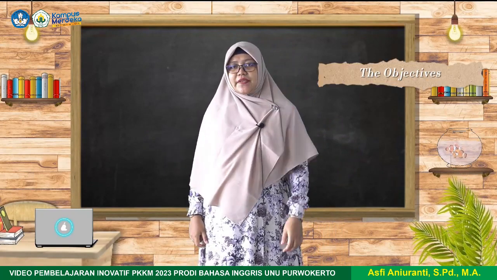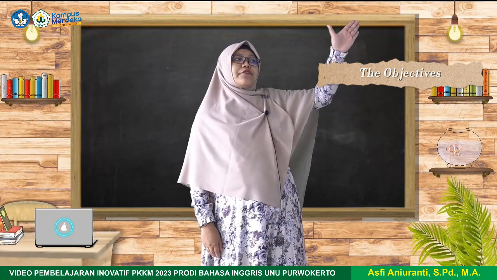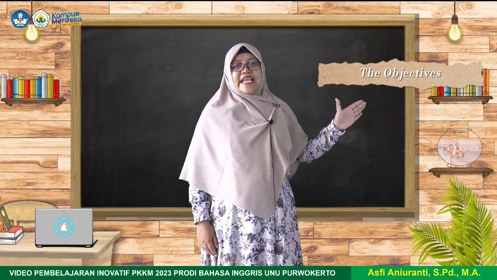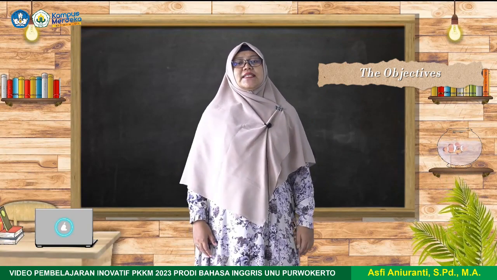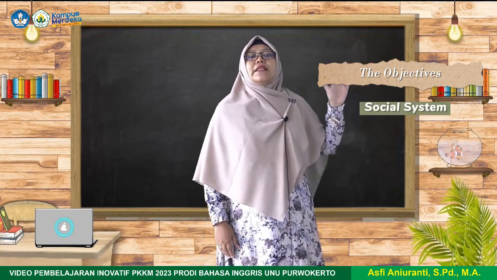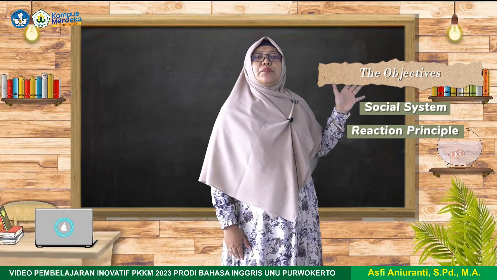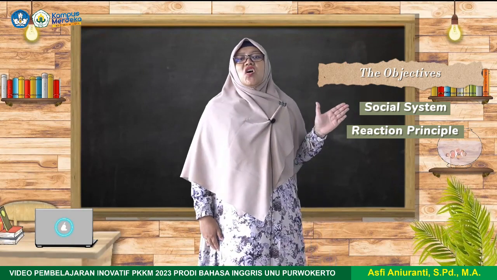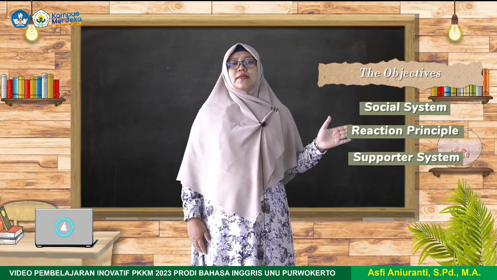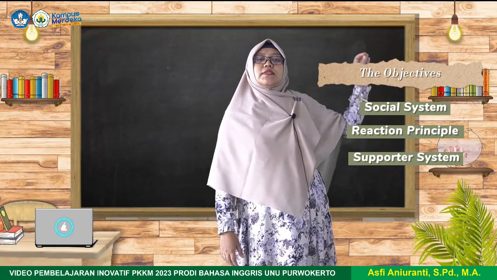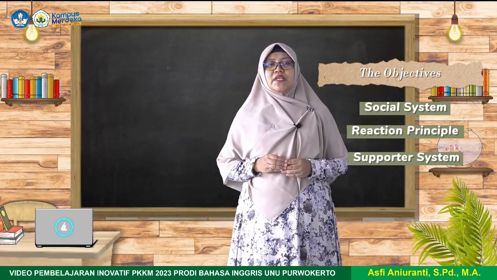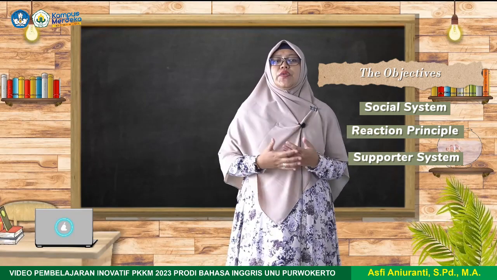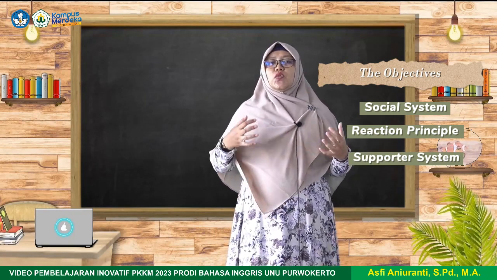Let's take a look at the next thing about Make a Match, the objectives. There are 3 different objectives in implementing Make a Match. The first is social system, the second is reaction principle, and the last is support system. Social system, like the other cooperative learning strategies, is going to increase students' ability and social skill.